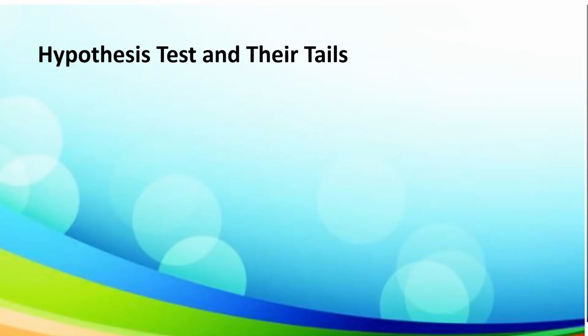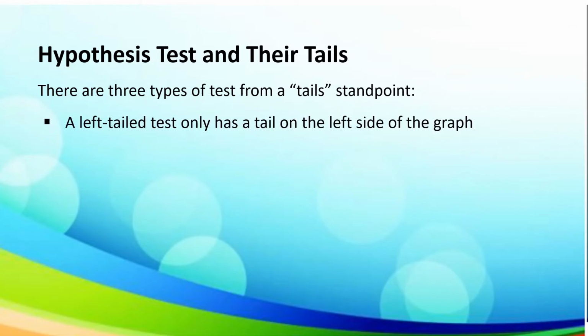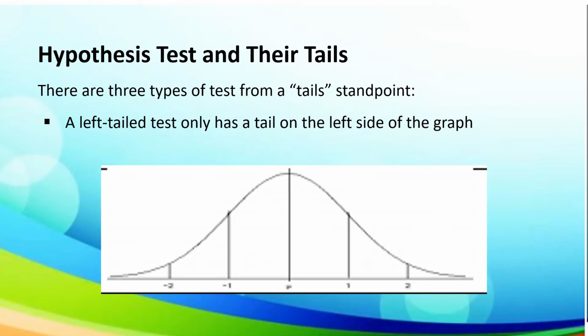Now, let's look at hypothesis tests and their tails. There are three types of tests from a tail standpoint. The first one is a left-tailed test, which only has a tail on the left side of the graph. To illustrate, we shade the left side of the given standard normal curve. This shows the rejection area.